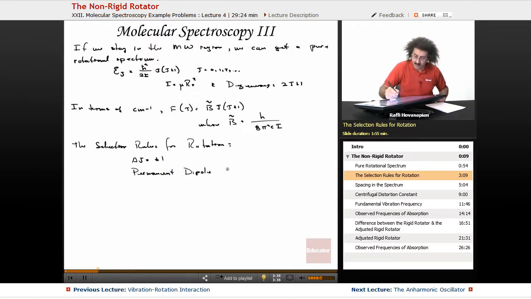So the frequencies that we should observe in the rotational spectrum are, of course, the upper minus the lower. So it's going to be F of J plus 1 minus F of J.